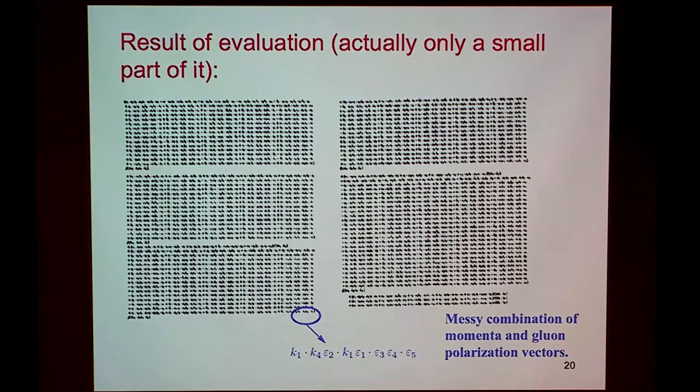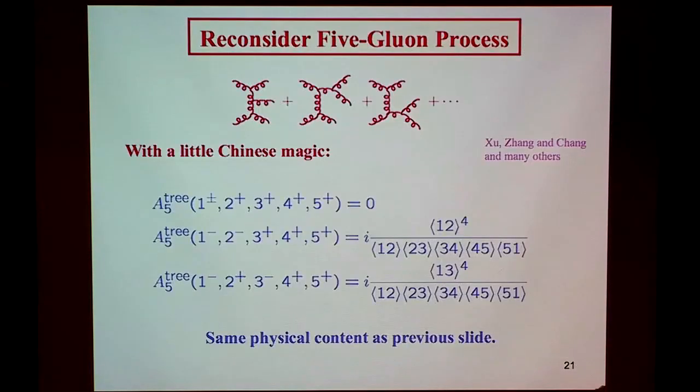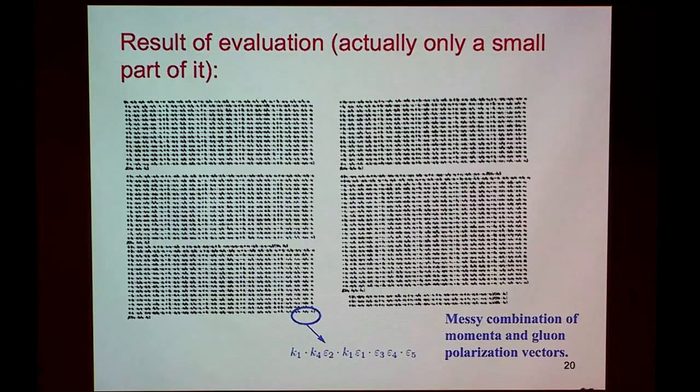On the other hand, if you understand the physics, the basic states, the circular polarizations, which we call plus and minus helicity, then using what's sometimes called Chinese magic, in honor of these people, you get much simpler expressions with a structure. I'm not going to explain exactly what these symbols mean, but this page and the previous page contain the same information.